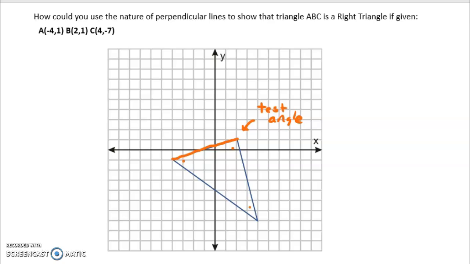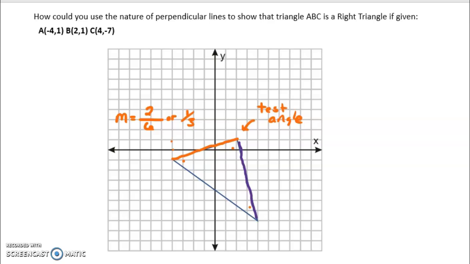That means I'd have to go up 2, and then I'm going to have to go over to the right 1, 2, 3, 4, 5, 6, or reducing that down to 1 over 3. So that's one side. Let's change the color up just to make it a little more interesting.